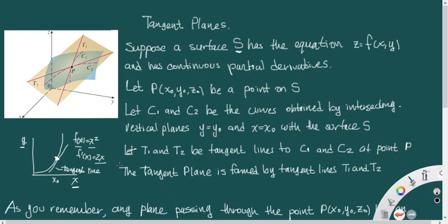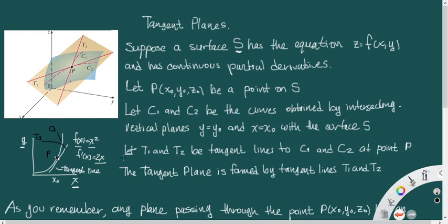Now, let T1 and T2 be the tangent lines to the curves C1 and C2 at point P. If we do that here, we can say that this line here is T1, this curve here is C1, and this point here is point P. The only difference is that here we have a single axis and here we have two axes and they are crossed because one of them is going in the x direction and the other one is going in the y direction.